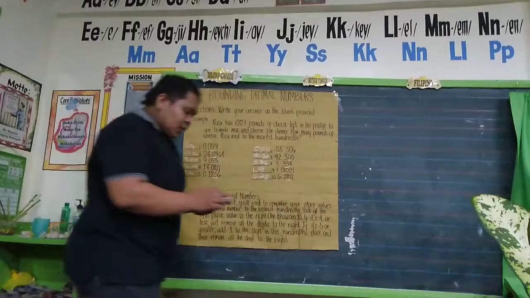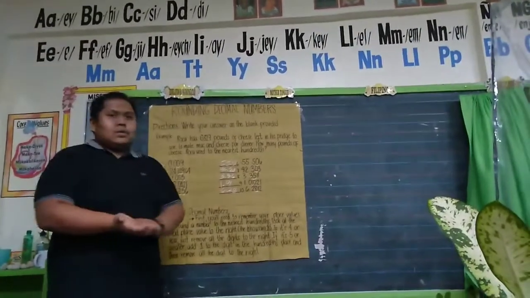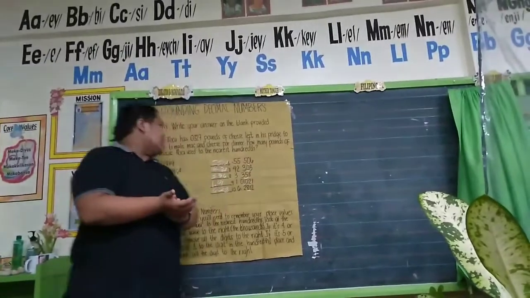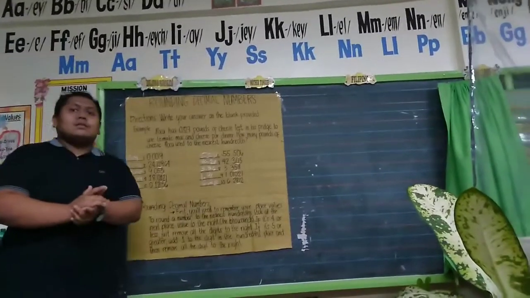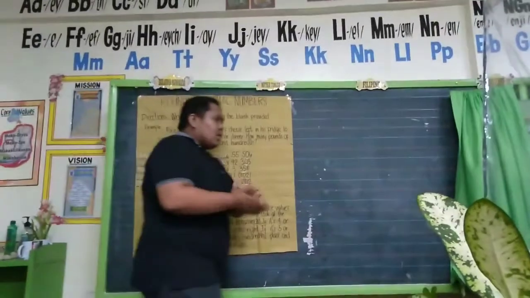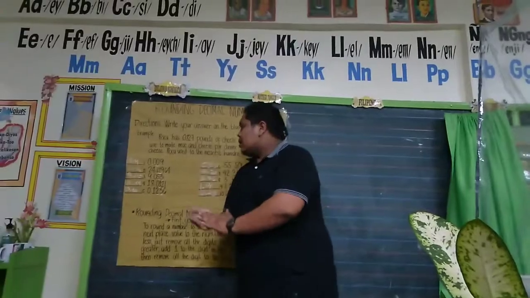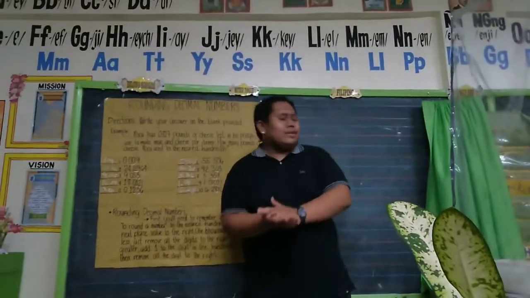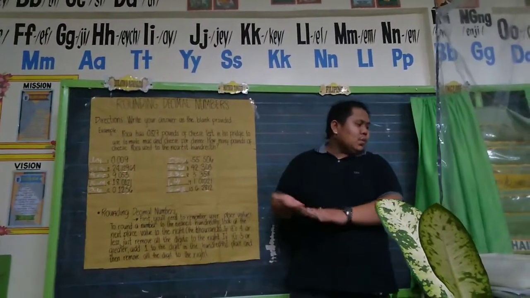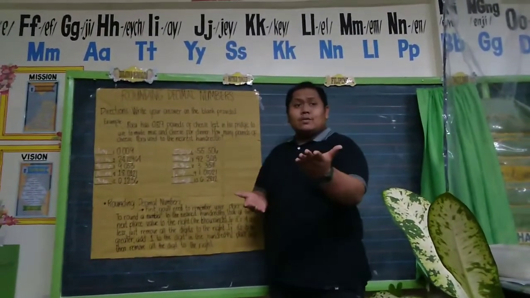Does anyone have an idea about our topic for today? How did everyone do on the activity? Great. Okay, good. What is being asked in the problem? How do we get the weight of the cheese to the nearest hundredths?